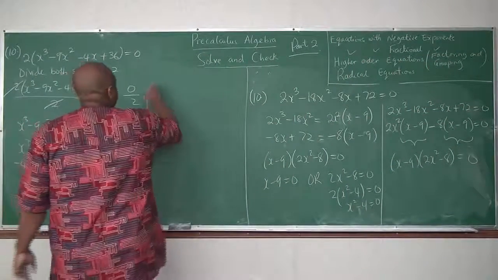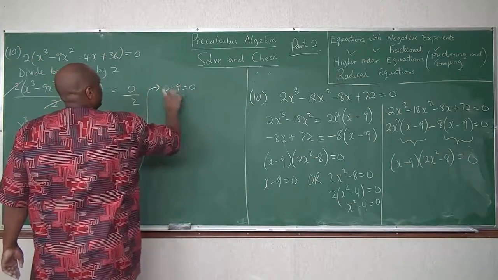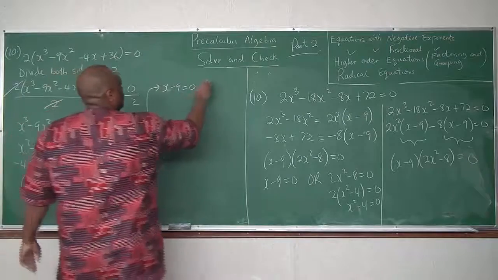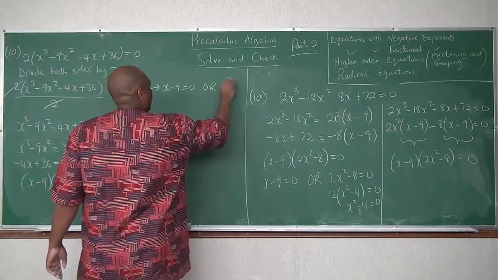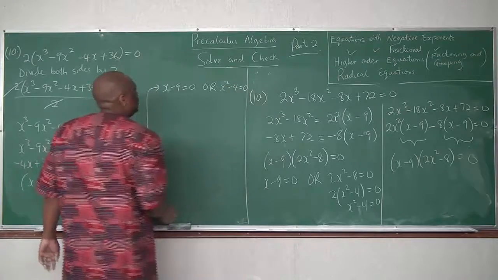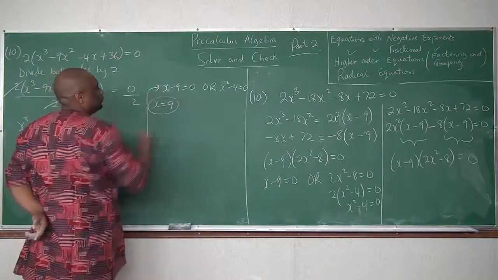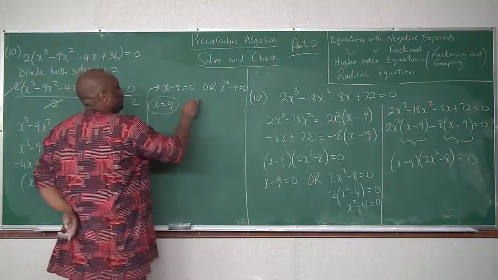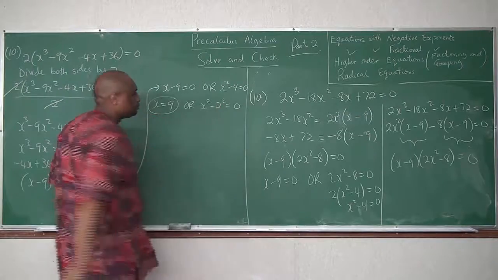So we see that x minus 9 is 0, or x squared minus 4 is 0. So x minus 9 is 0, x will be equal to 9. Or this will be x squared minus 2 squared equal to 0.